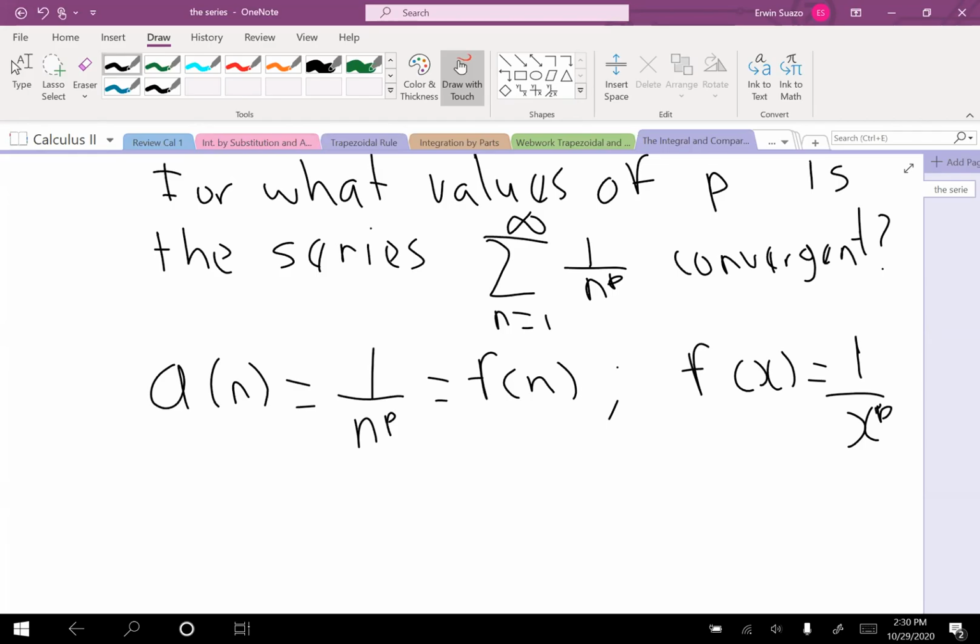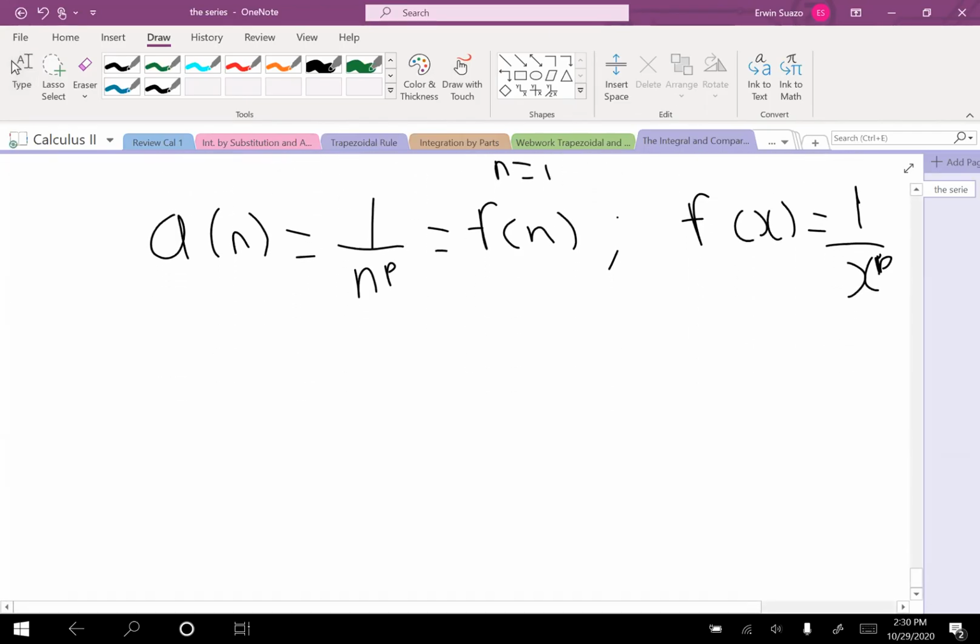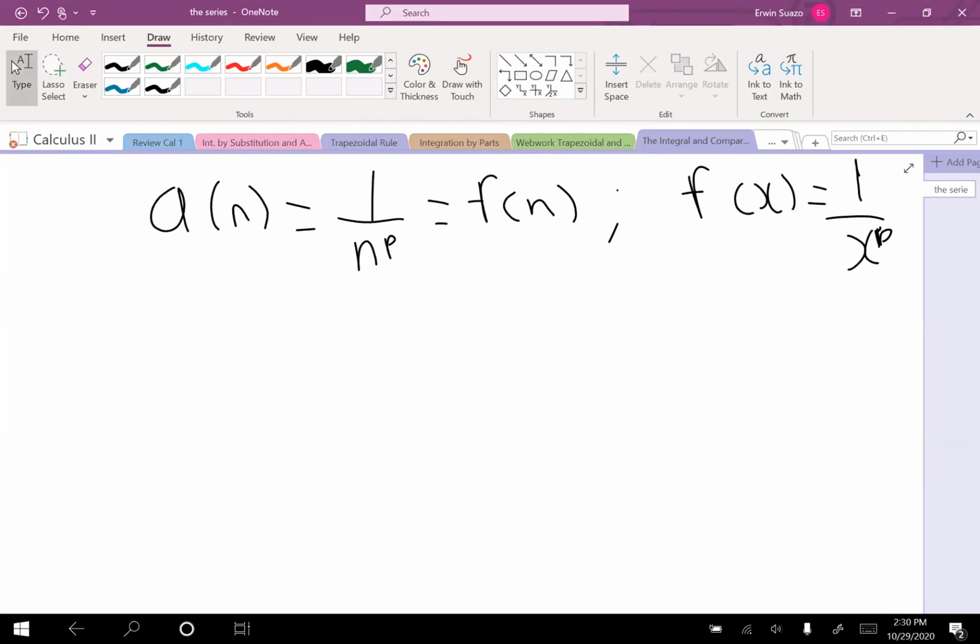So before doing anything, let's start checking the integral, because if I cannot find the integral, why do I waste time? So let's find the integral between 1 and infinity of 1 over x to the P dx.